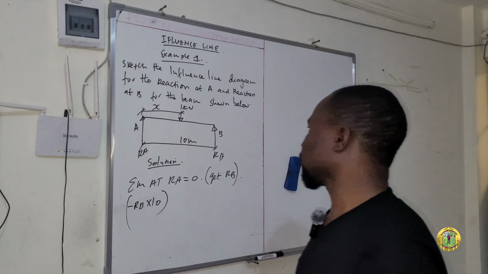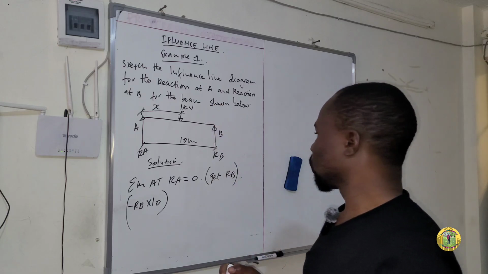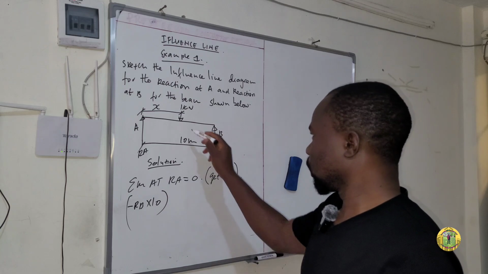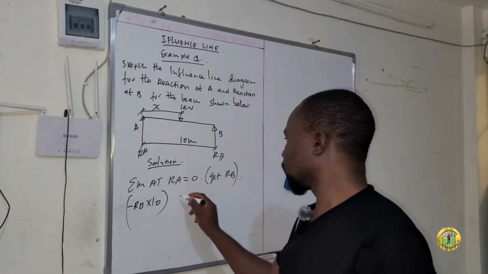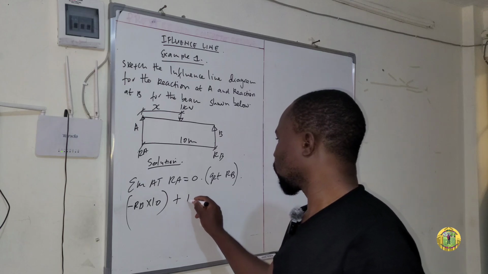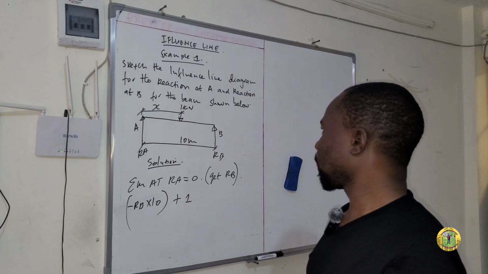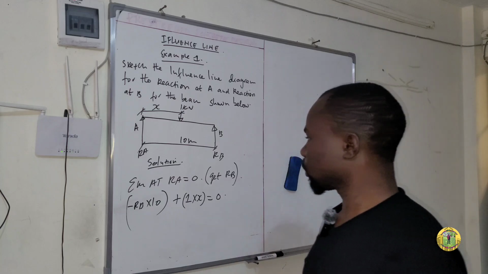Then you close the bracket, and then you come to 1 kilonewton. In which direction is it moving in reference to RA? It is moving in clockwise direction. Then you'll say plus 1 and then the perpendicular distance. The perpendicular distance is x, so times x is equal to 0.